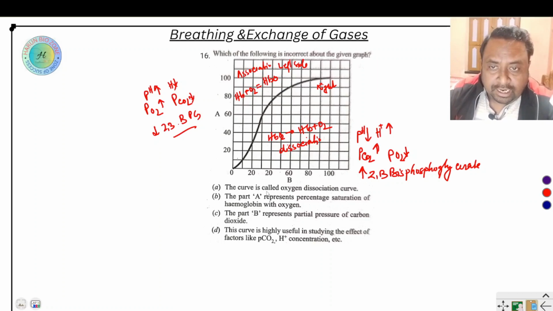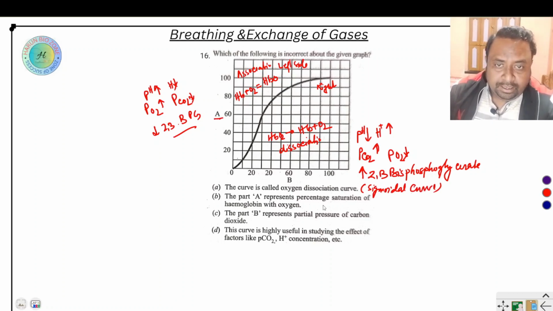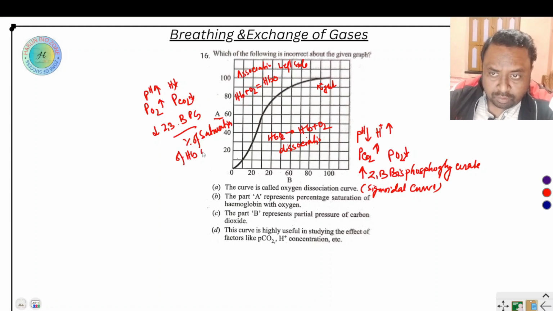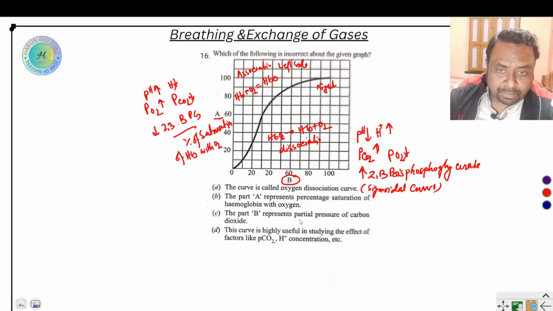So here the curve is called the oxygen dissociation curve. It is a sigmoidal curve. Part A represents the percentage saturation of hemoglobin with oxygen, right? Part B represents the partial pressure of carbon dioxide, PCO2 level.